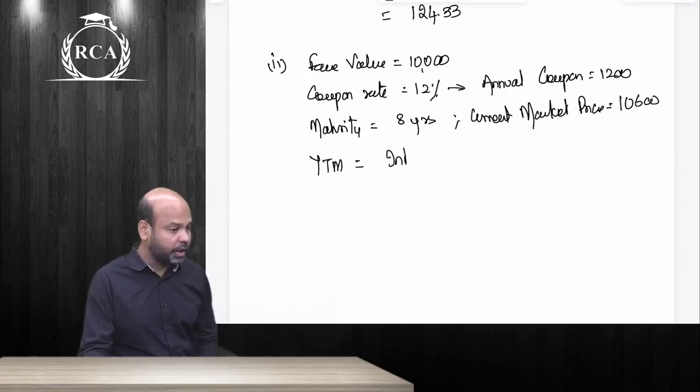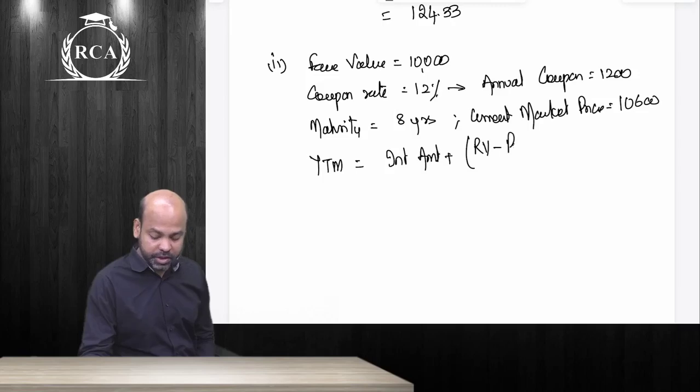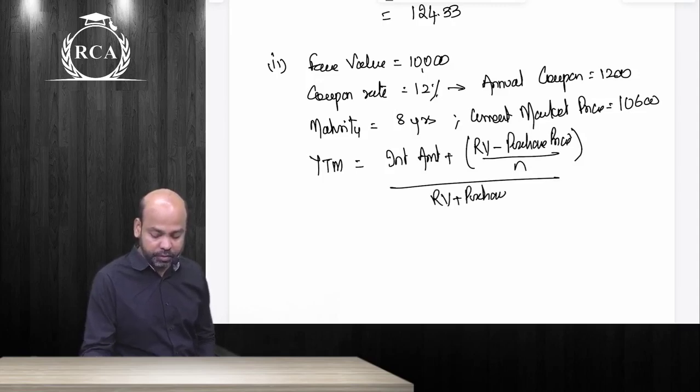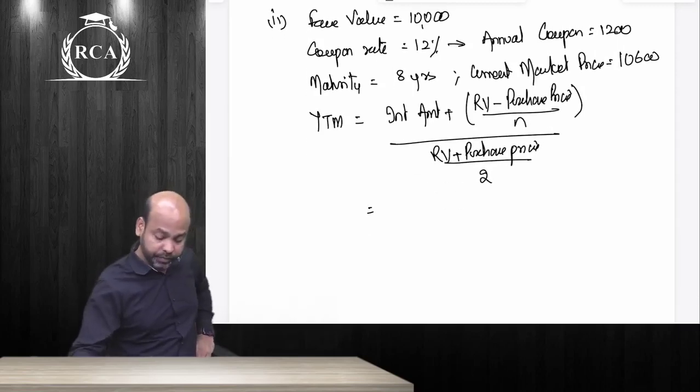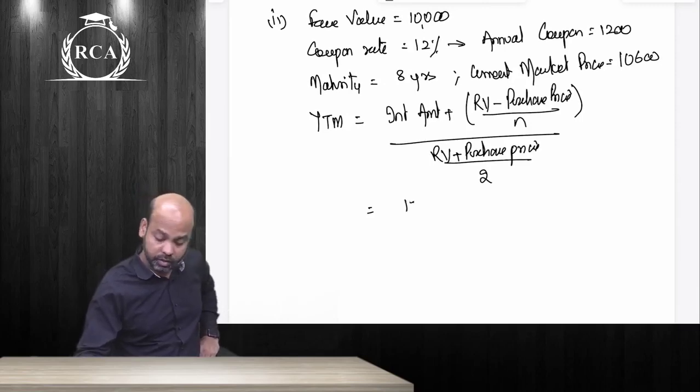So that will be your interest amount plus redemption value minus purchase price divided by N, whole divided by redemption value plus purchase price by 2. Your interest amount guys is 1,200.